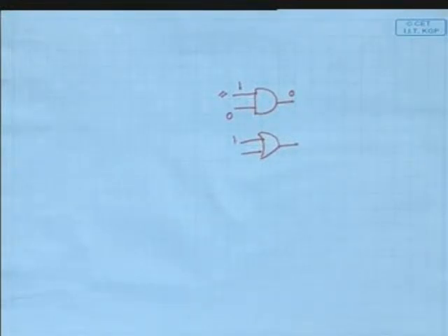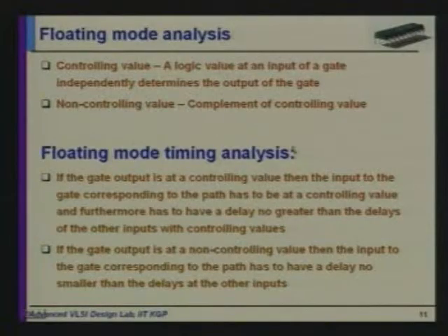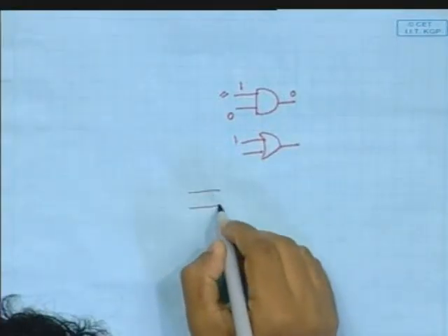This floating mode time analysis that I have written here is one of the most popularly known approaches in timing analysis, and you can find a lot of papers on it in the literature. Just before going into these two points, I want to give one example.